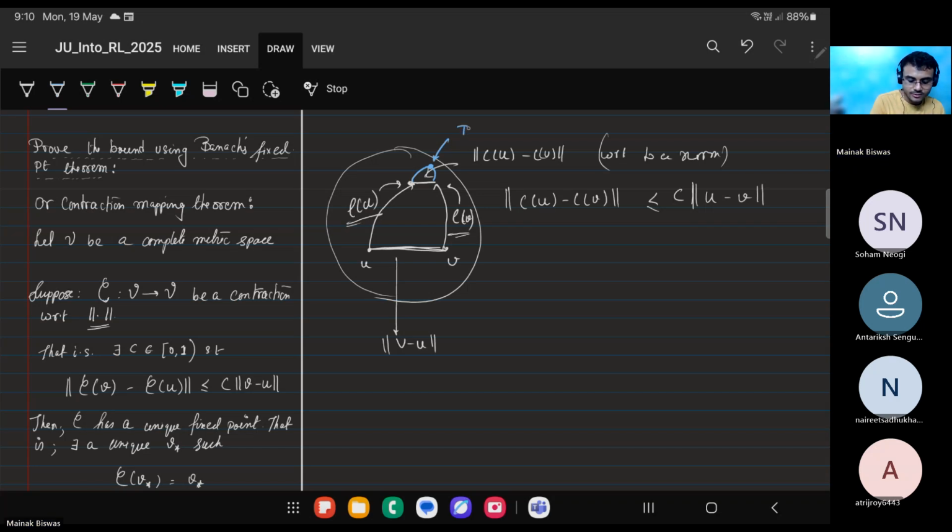Intuition? There will be a collapse, right? If you keep on decreasing the distance between every pair of points with this contraction operation, you'll collapse to a fixed point, right? For every step, you're decreasing the length between them.